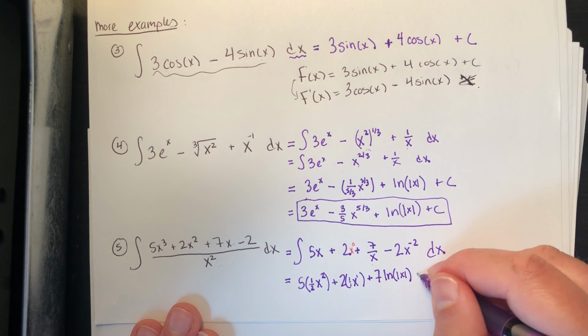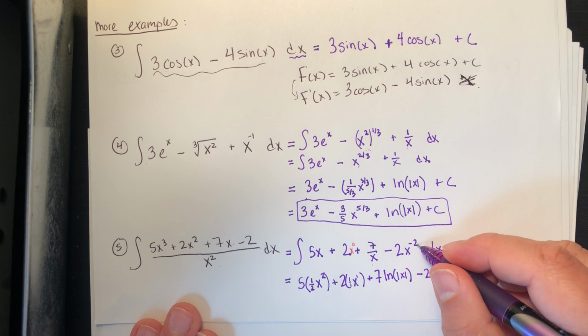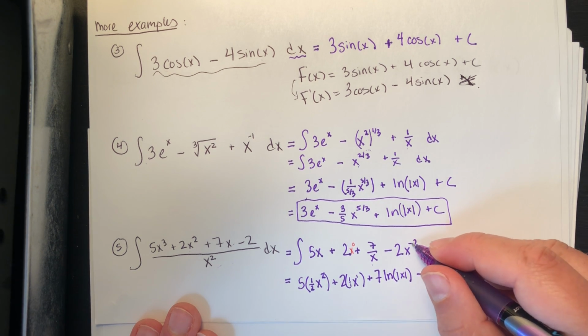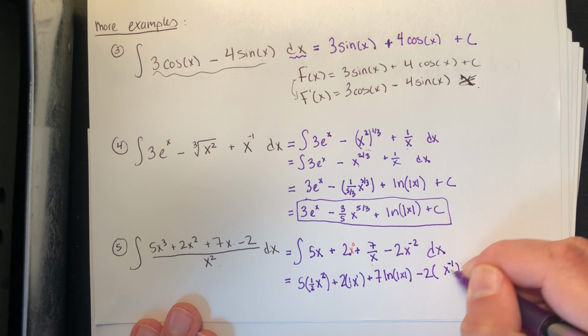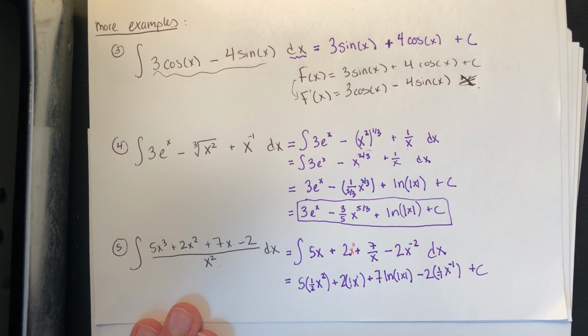And then finally, minus 2 times the antiderivative of x to the negative 2. We'd have to add 1 to the exponent to get negative 2 plus 1 is negative 1, and multiply by 1 over negative 1 out front. And plus c, always plus c.